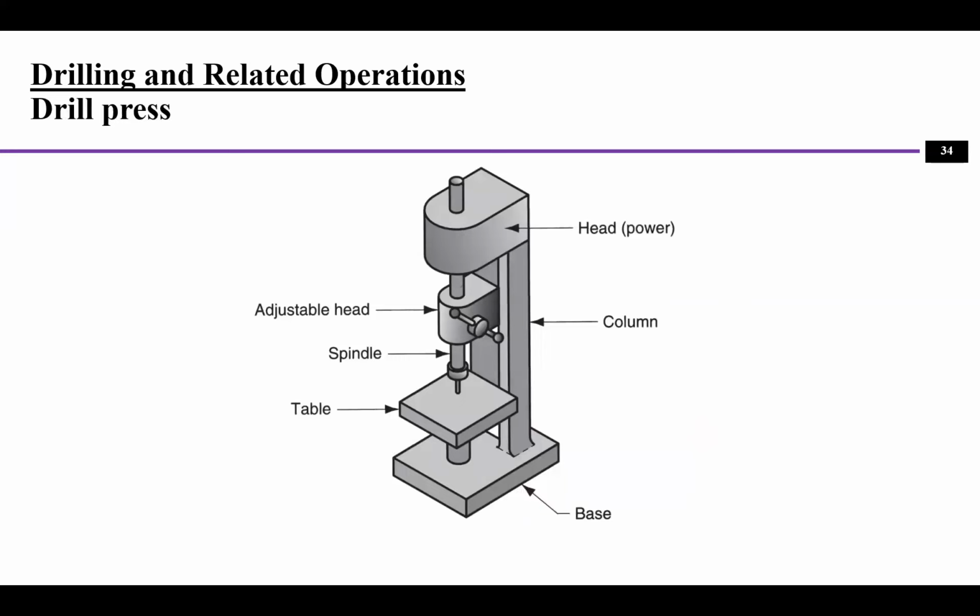And this is a drill press. So a spindle to spin the tool cutter, and this is the adjustable head. You can adjust the tools up and down. This is the work table. This is the base.